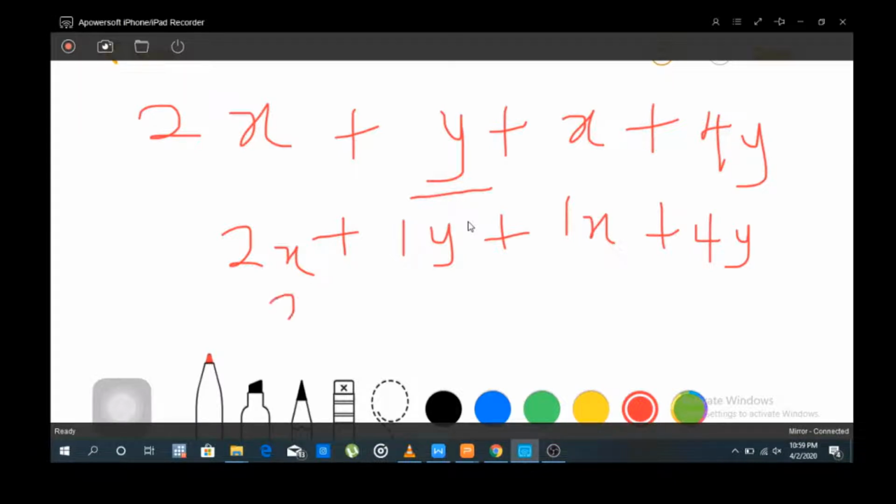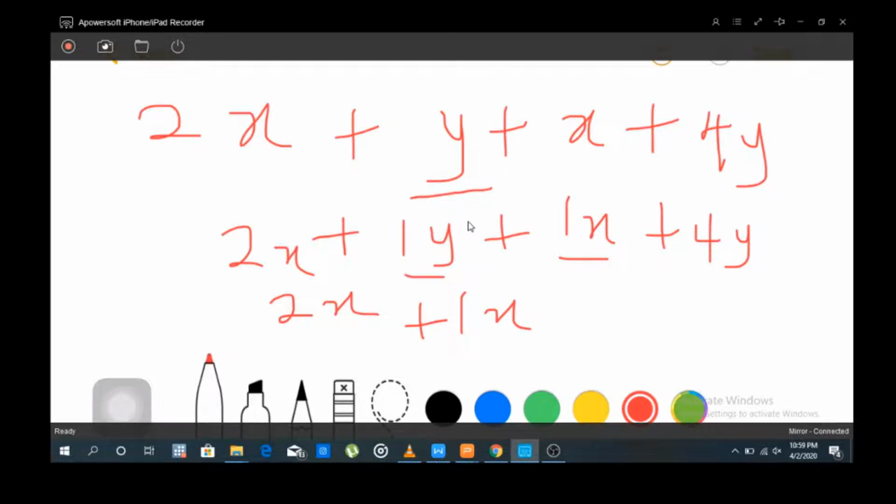So we have 2x here. We'll check through the expression to see if we have a like term. So when we check through the expression, which one looks like 2x? Or which one has the alphabet x attached to it? We see this x here, which is the same as 1x. So plus 1x.